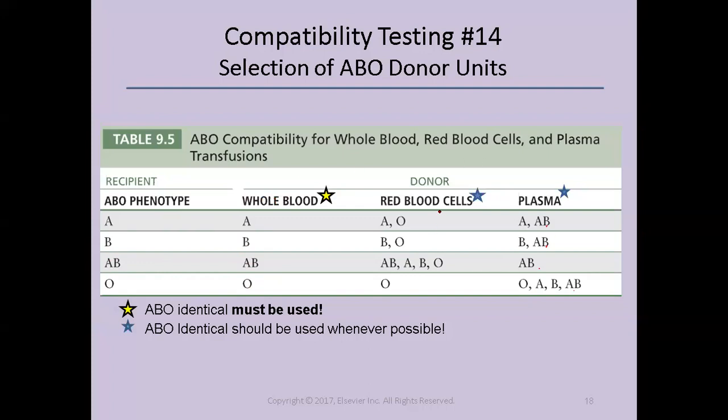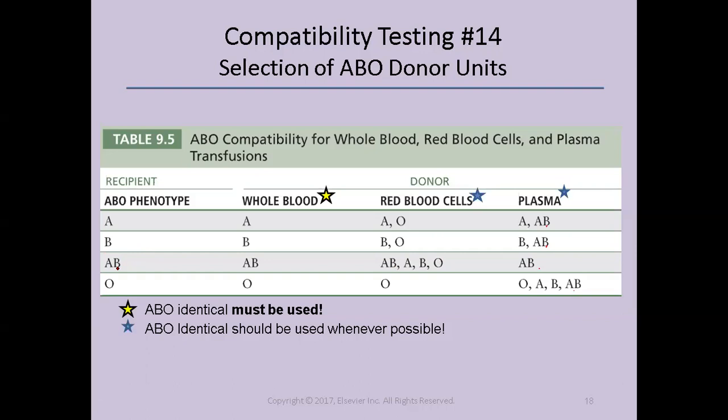We've talked about this one before as well. When someone's getting packed red cells, remember, they can always get their same type. Anyone can get O red cells because O is the universal red cell donor. So we see O is listed with each type.